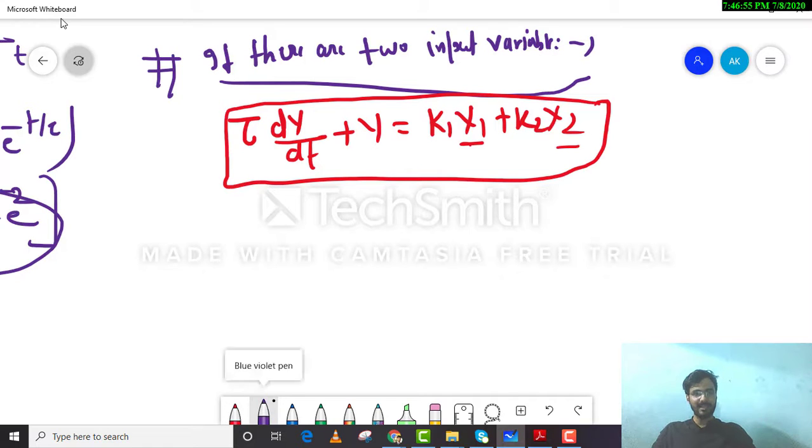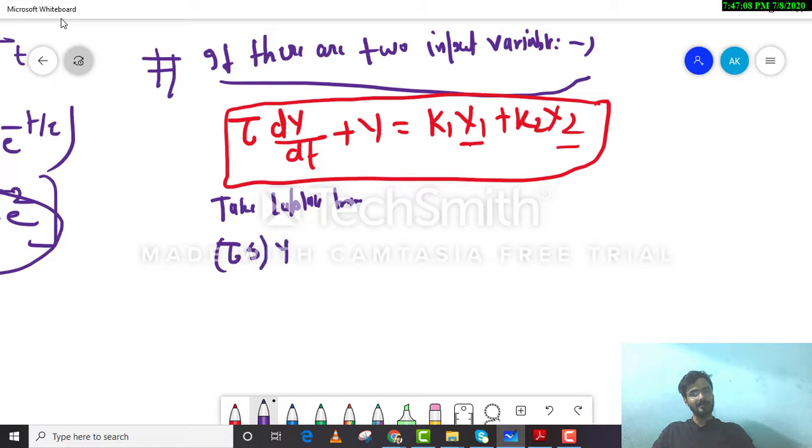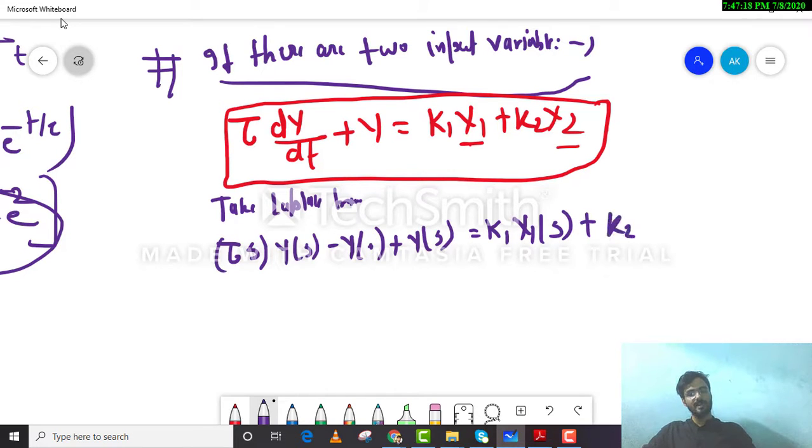Okay, so if you take the Laplace transform, from here you will get tau s Y(s) minus y0 plus Y(s) is equal to k1 X1(s) plus k2 X2(s).